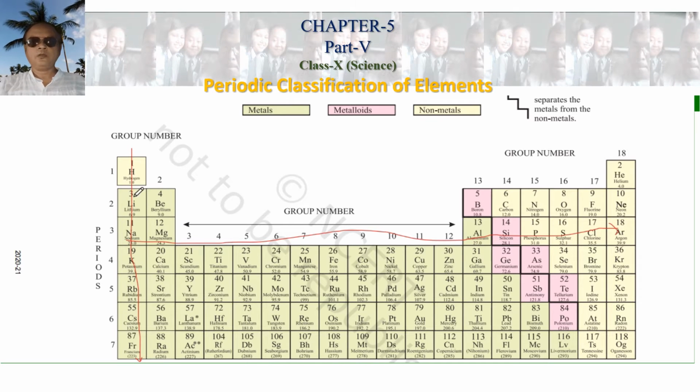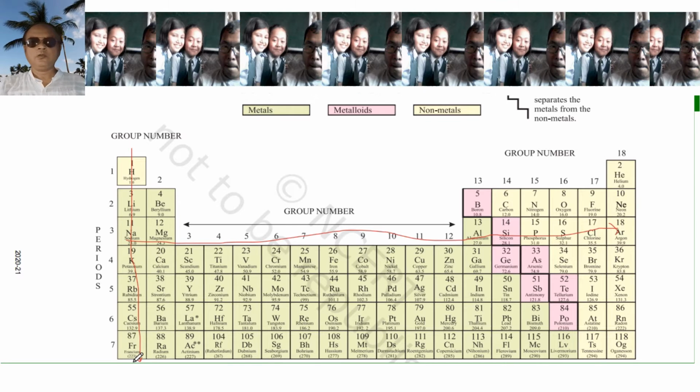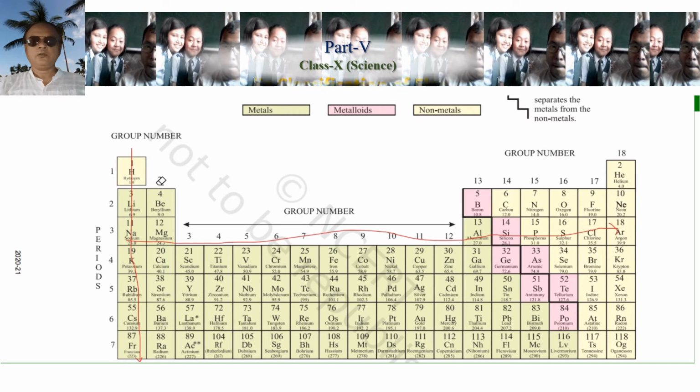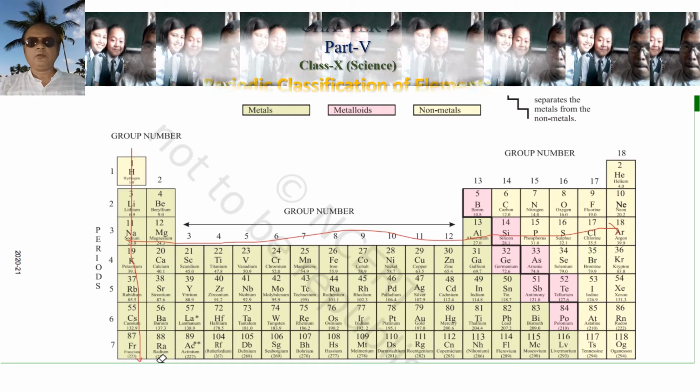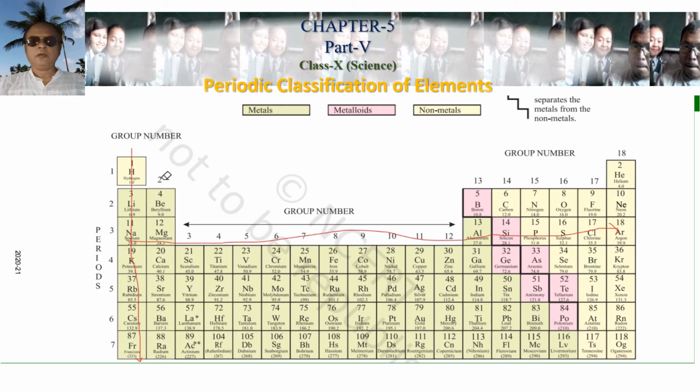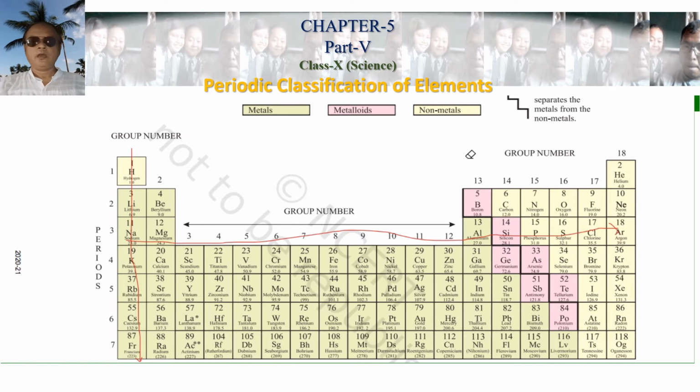All these elements have one electron in their outermost shell, and in the second group all the elements have two electrons in the outermost orbit, or outermost shell. Similarly, here 3.